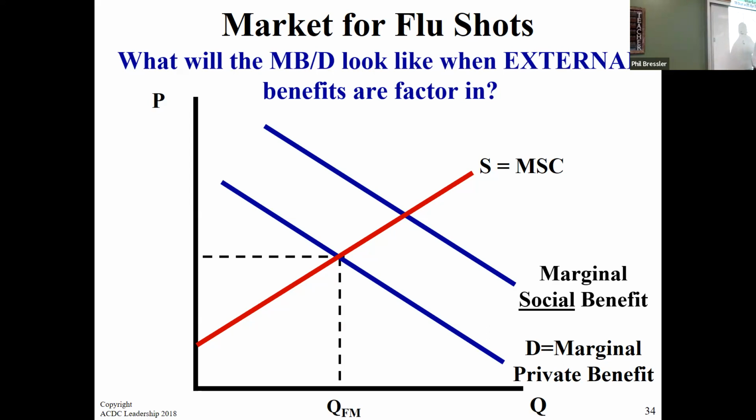This is your optimal. What do you think? Are you not sure? Because Troy's dying to help you. Go. You're producing too little, because at the market you're here, and you're trying to get to the optimal.